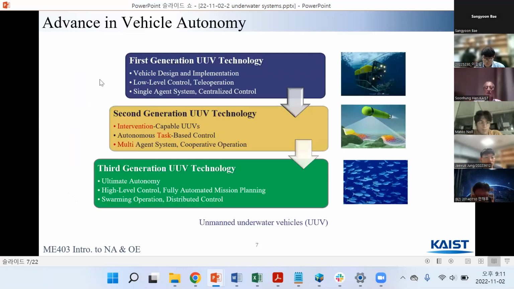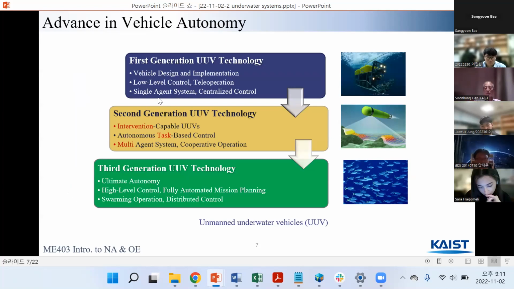So there are generations of UV technology: first generation, second generation, and third generation. First generation: low-level controls, teleoperation, the agent system, and also a centralized control. Second generation: there's an intervention capability and task-based control.